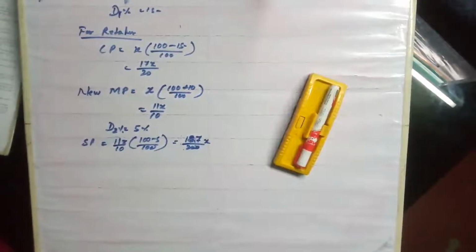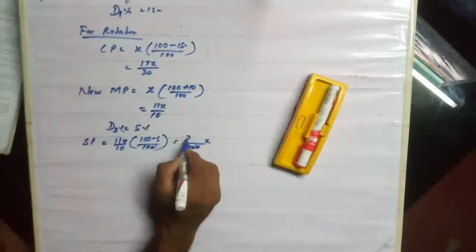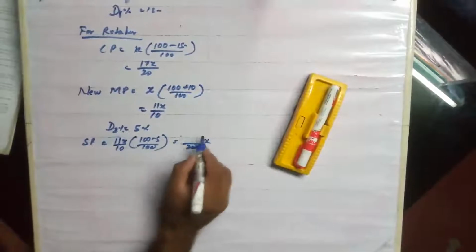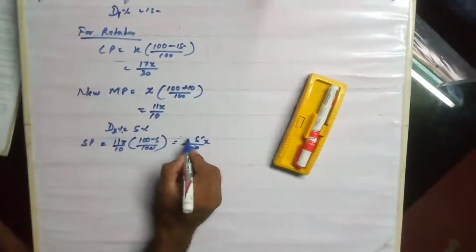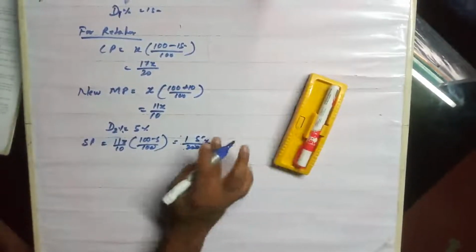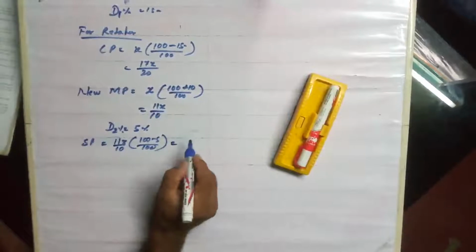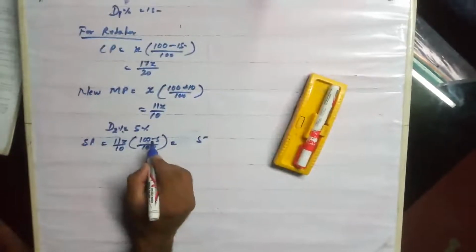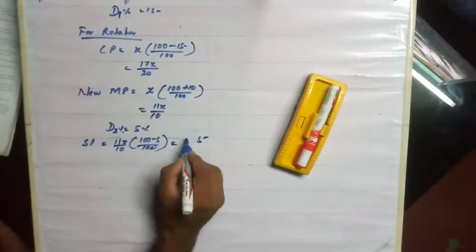Okay, correct now? 95 means 205. Sorry, why today are more mistakes going? Okay, just 99 into 11, 11 into 9.